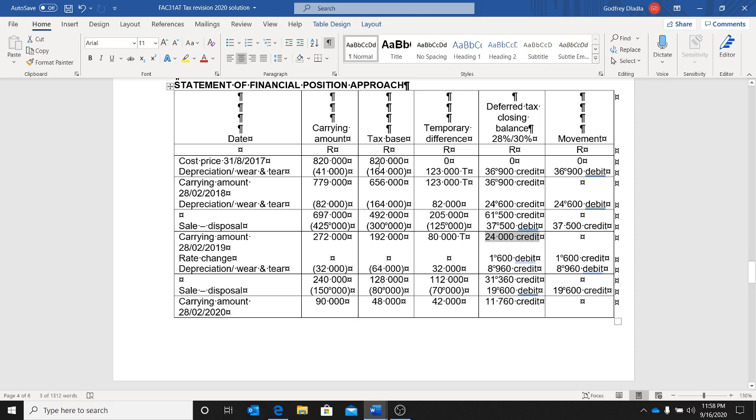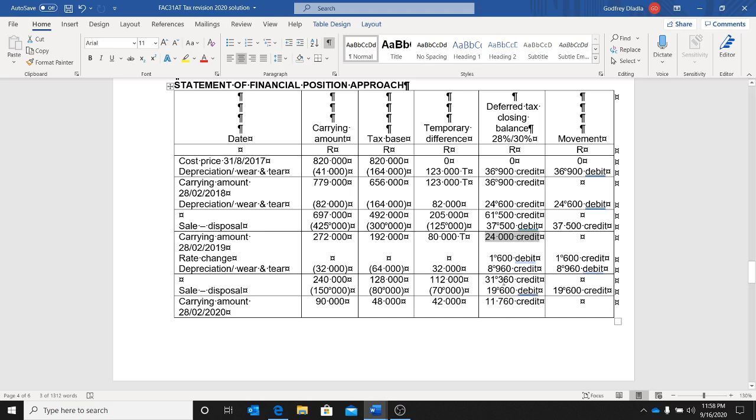Now, other people take this 80 here and say 80,000 times 28%. It gives you 22,400. And then you compare to this one. So if I want to move from 24,000 to 22,400, I'm going down by how much? Let me take my 22,400 and minus 24,000.